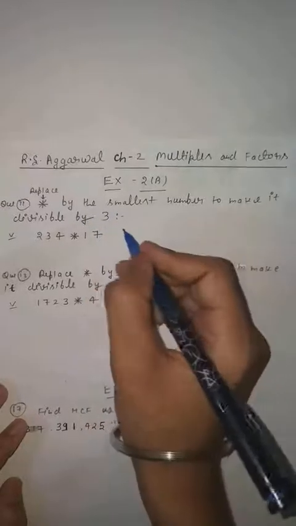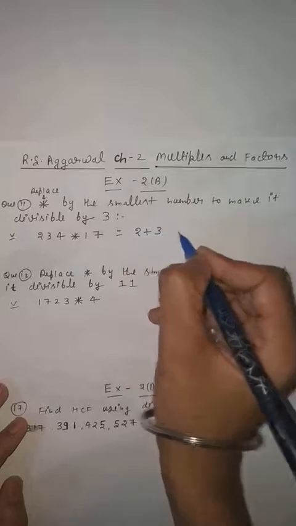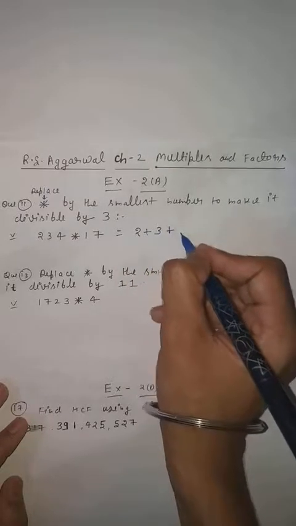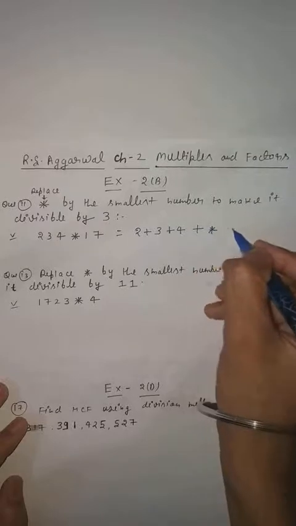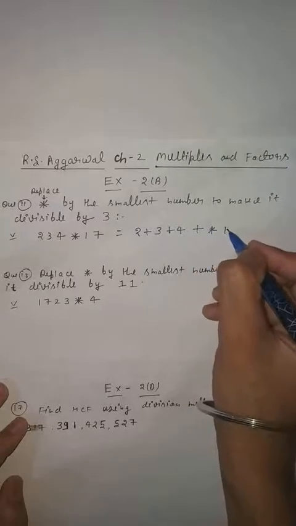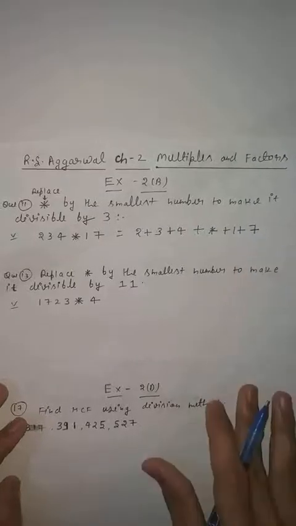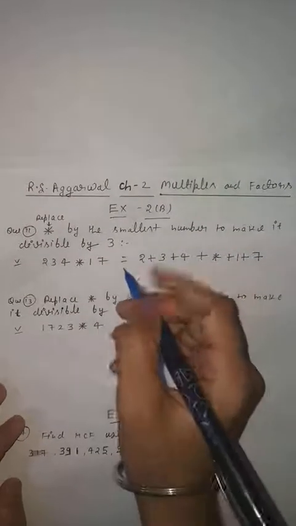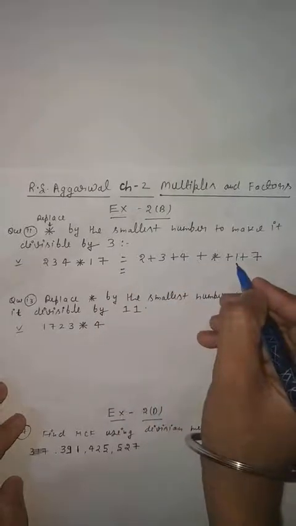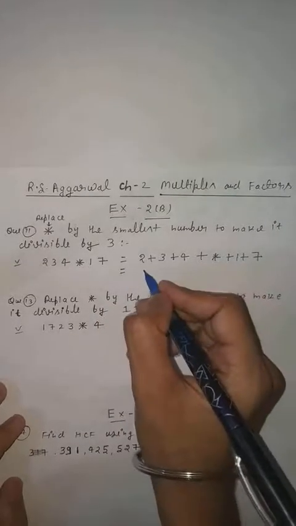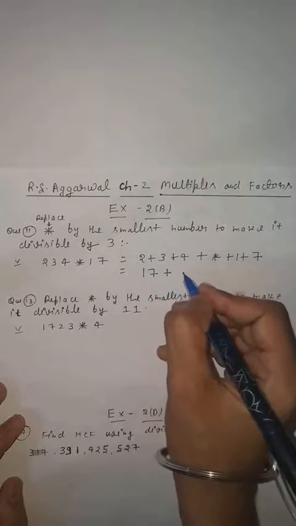So let's check the sum: 2 plus 3 plus 4 plus star plus 1 plus 7. Clear, students? 2 plus 3 is 5, plus 4 is 9, plus 1 is 10, plus 7 is 17. The star we cannot add yet.